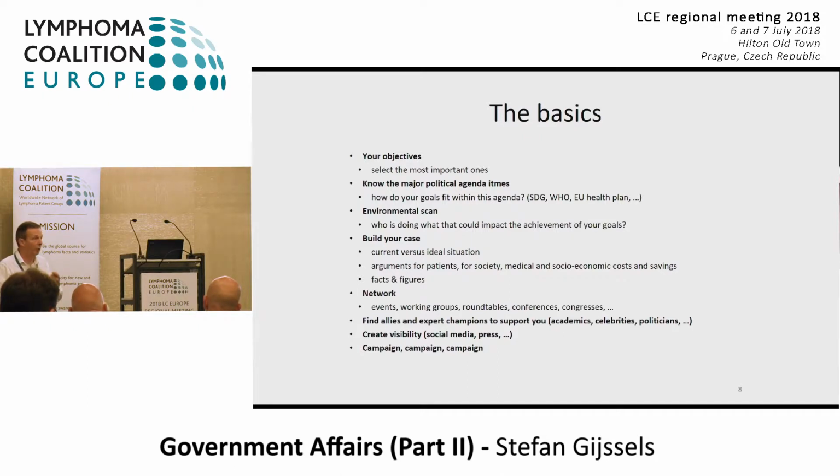And we mentioned earlier, if you know politicians who've had cases in the family, these are absolutely wonderful advocates for your cause. Create visibility, and I think we've seen a wonderful example from Bulgaria there, of what you can do to create visibility, to be active. And then the last one is campaign. Be there, be persistent, don't stop, never stop, keep pushing.